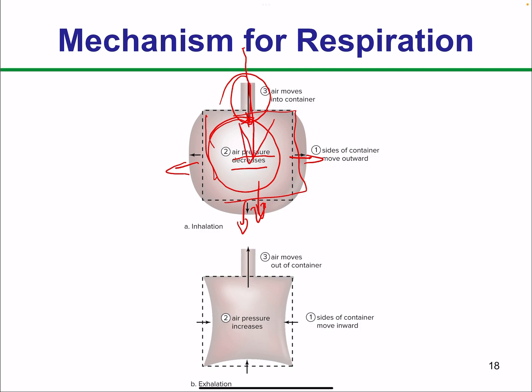By the same token, when we compress the system, when we push the walls inward, we are increasing the pressure inside of the system, which forces fluid or air out. So we have on top here inhalation or inspiration, here expiration or exhalation.